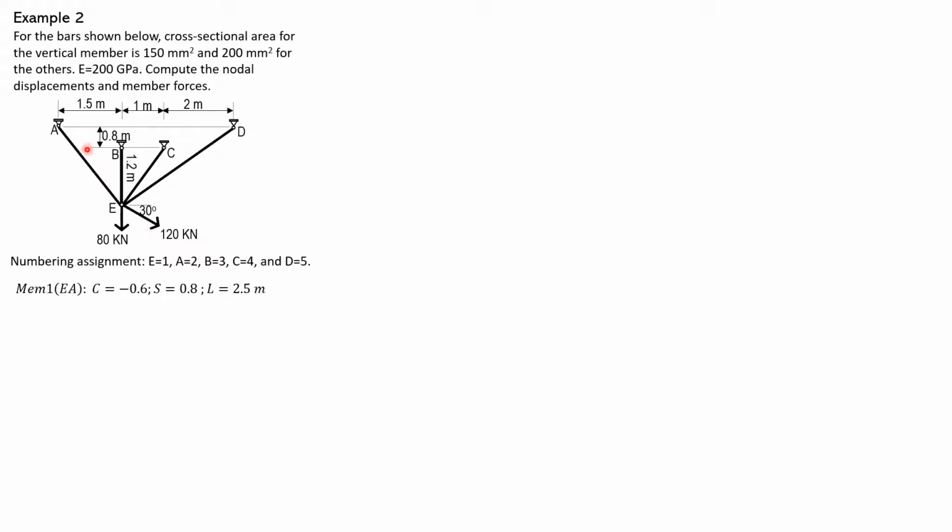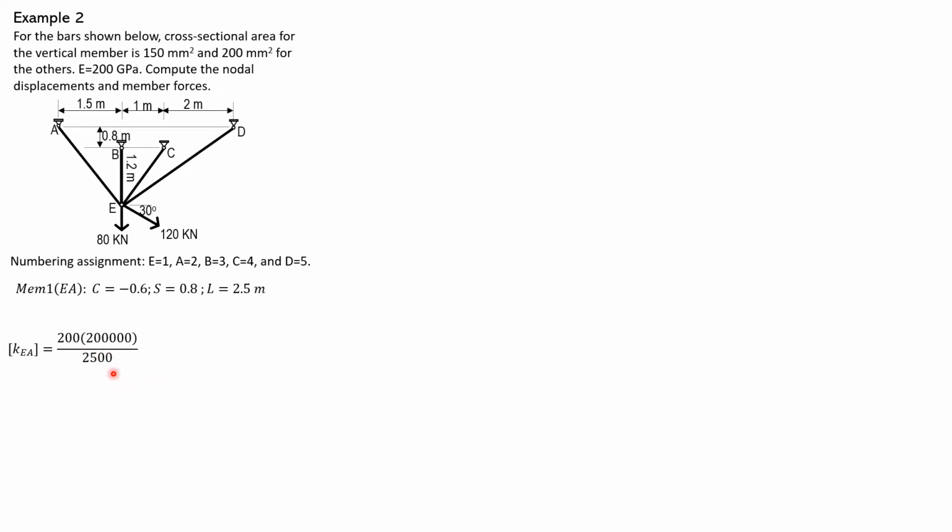Negative 3 over 5, or negative 0.6. The slope is 3 over 5. For the sine, it is upward, so it is 2 over 2.5, or positive 0.8. The length is 2.5 meters, square root of 1.5 square plus 2 square. So 2.5.